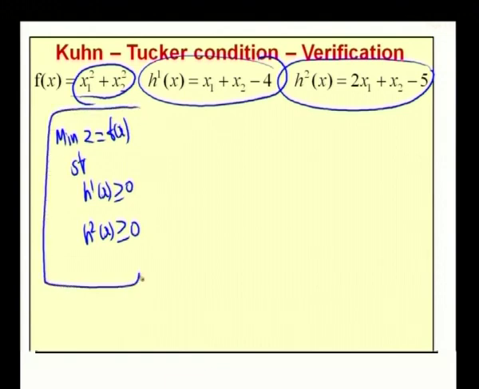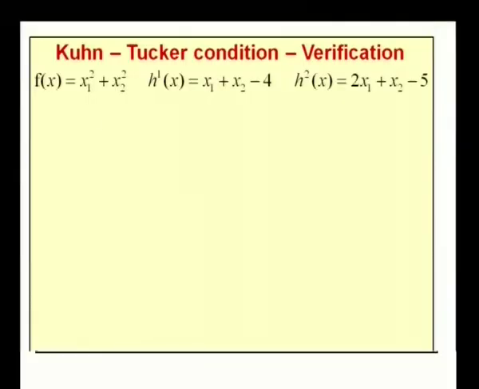So, the given problem is nothing but minimum z equal to f of x subject to the constraints h1 of x greater than or equal to 0, h2 of x greater than or equal to 0, x1, x2 greater than or equal to 0. Now, we have to verify the Kuhn-Tucker conditions for the given problem. The first condition is f1 minus lambda 1 h1 minus lambda 2 h2 equal to 0.